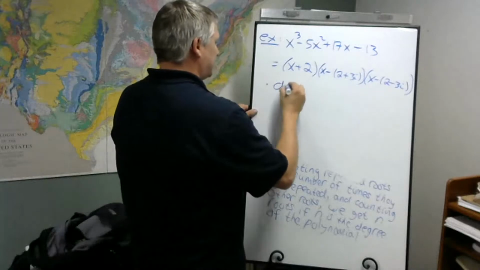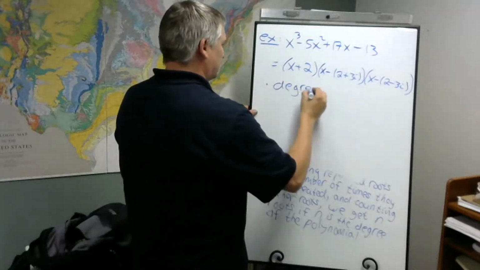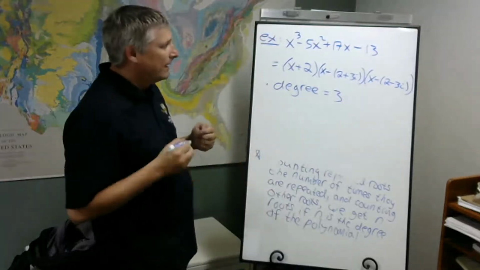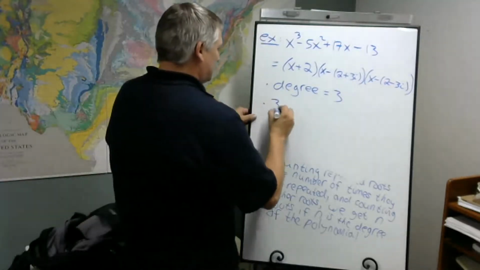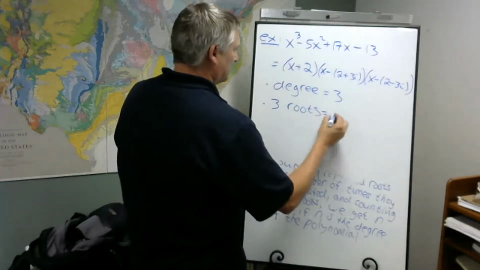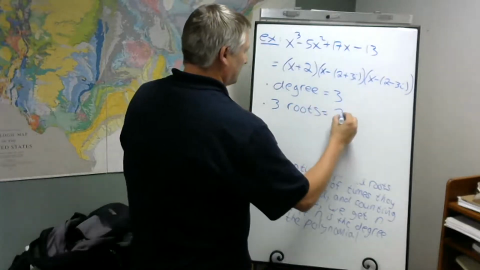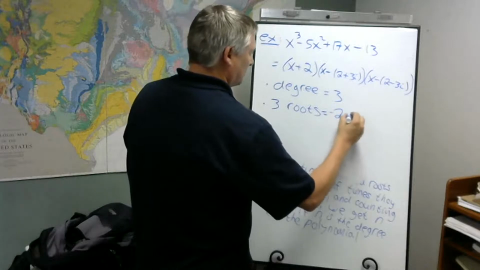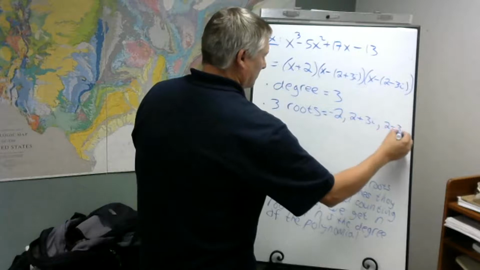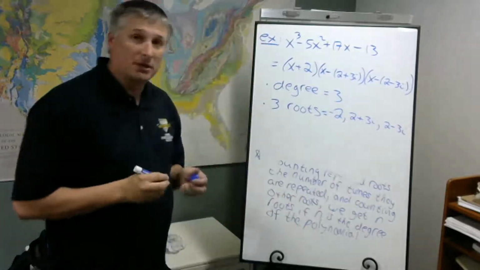So this has a degree 3. It's a 3rd degree polynomial. And it had 3 roots. So it had 3 unique roots.